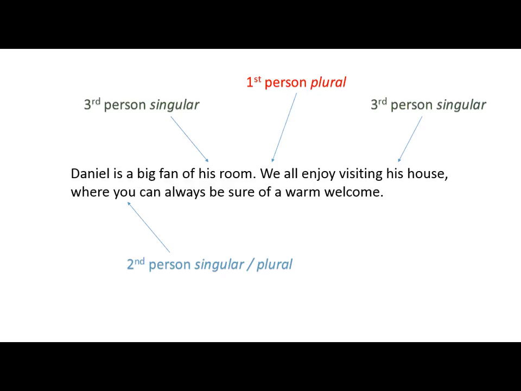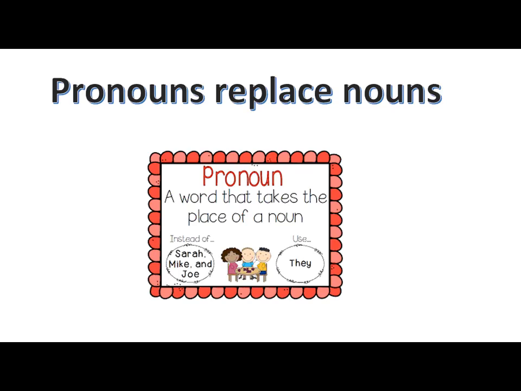Now, I said singular or plural here because we can't know for certain whether there is only one other person or whether we're talking to a broader audience. I think it's most likely in this context that the you is plural, but technically both are possible in that example. And so, pronouns replace nouns.